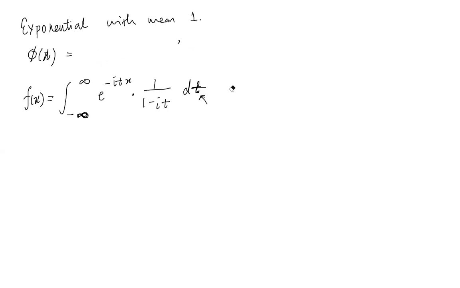That one will require complex integration. You have to use, okay, Cauchy. All right. So we know the Cauchy density is 1 over pi times 1 plus x squared, where x is on the real line.